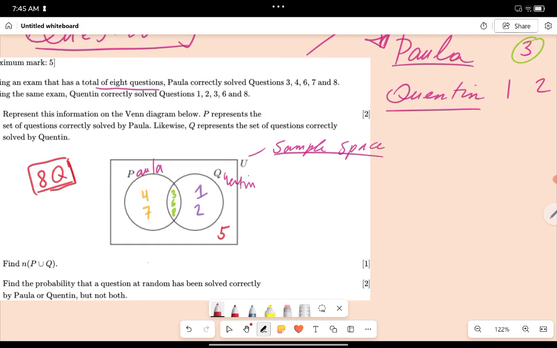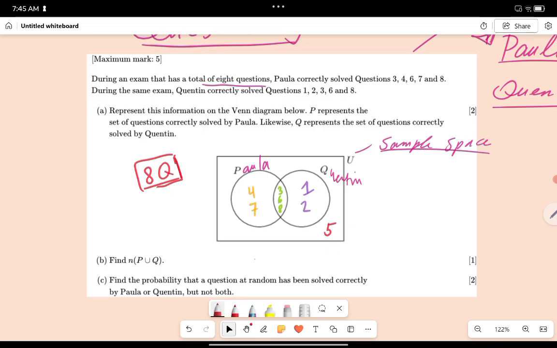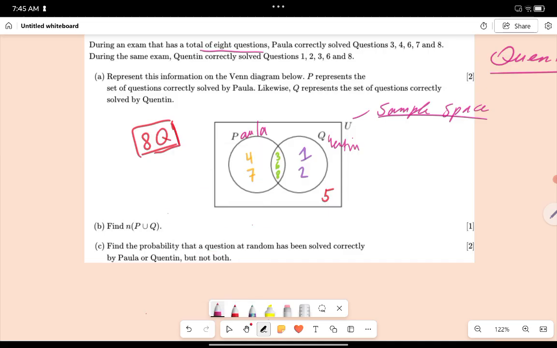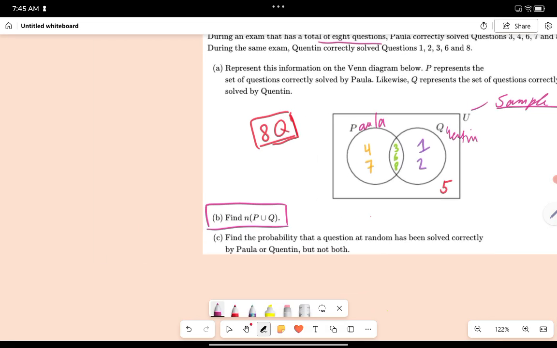Okay, so this is question A, and then B. What does this mean? So this is B. The n of P or Q. Okay, so guys, this means or, and this means and.